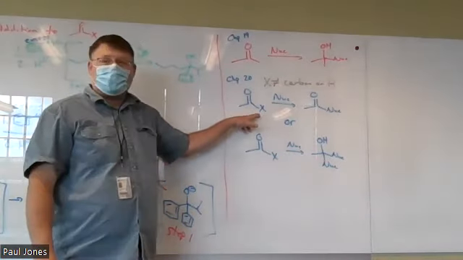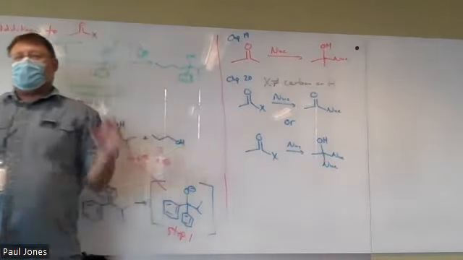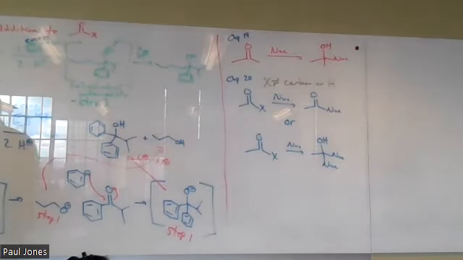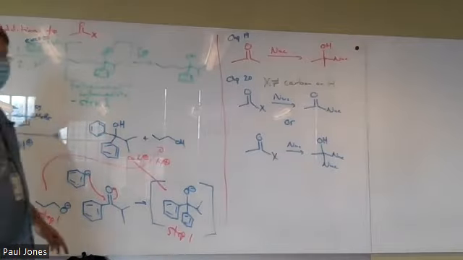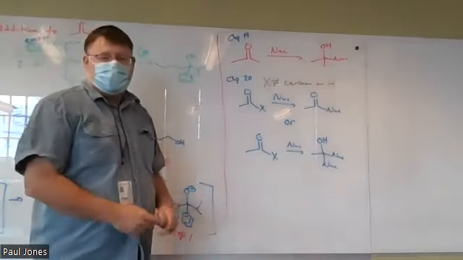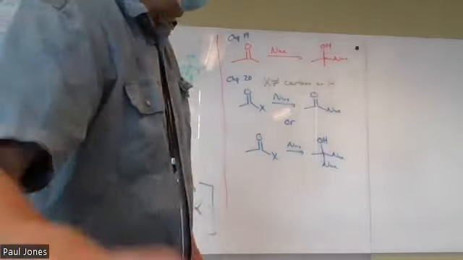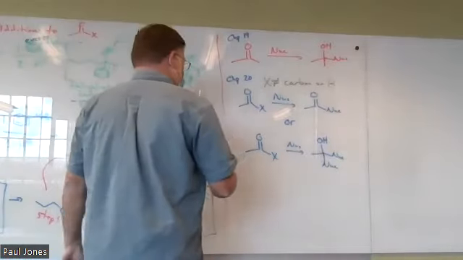The nucleophile can just substitute for the X. I could turn an amide into an ester, or an ester into an amide, or an acid chloride into a thioester. I can exchange one heteroatom for another. The other thing it can do, which we just did today, is it can add twice.